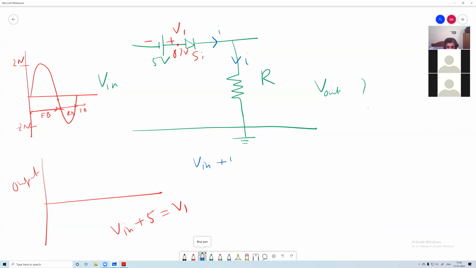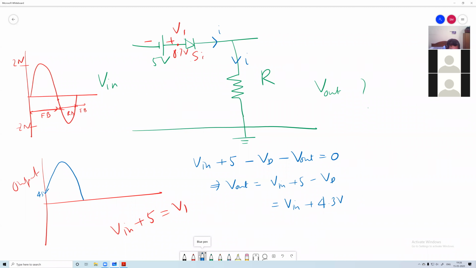V in plus 5 minus Vd minus V out equal to 0, or V out equals V in plus 5 minus Vd, that is V in plus 4.3. So when V in is 0, V out will be 4.3 volt. It reaches up to a peak, then it goes into reverse bias, then again like this. And this peak will obviously be 24.3 volt. So this will be my output.